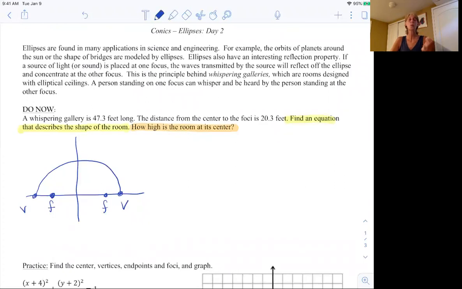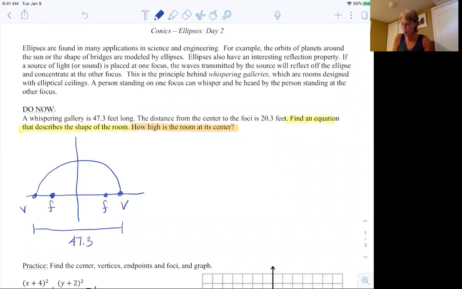Find an equation. We did these problems yesterday. Okay. So now it's just taking the words out. Instead of the information being given to us, we have to figure out which piece is what. So a whispering gallery is 47.3 feet long. So that means my distance from one vertex to the other vertex is 47.3.